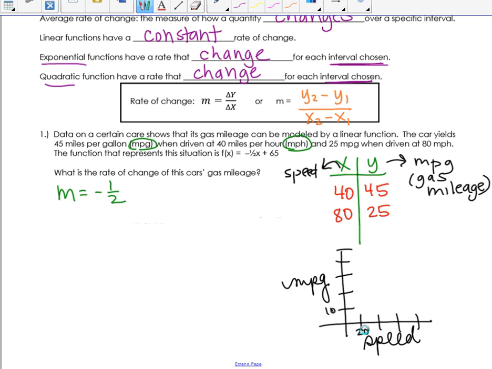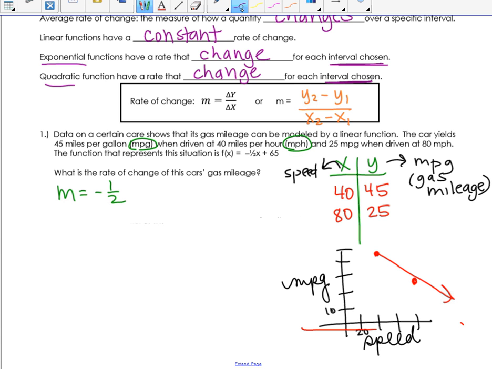So I'm at 40, 45, and then I'm at 80, 25. So we are going down. Sorry, that's a bad graph, but you guys get it. So you're decreasing. So what does that mean? That means as your speed increases, so as we get farther along our x, our y is decreasing. So the more you speed, the lower miles per gallon you're going to earn.